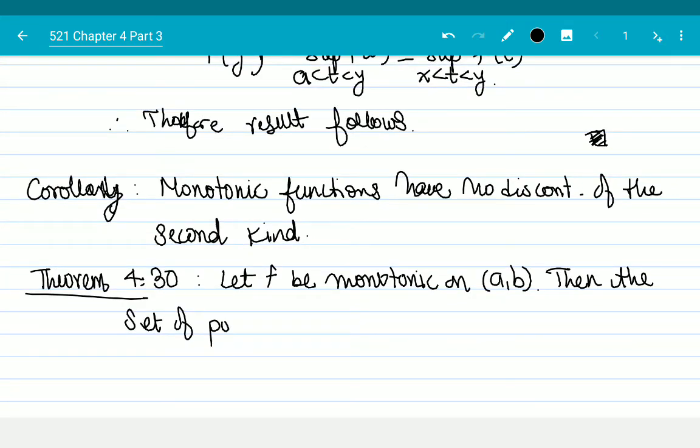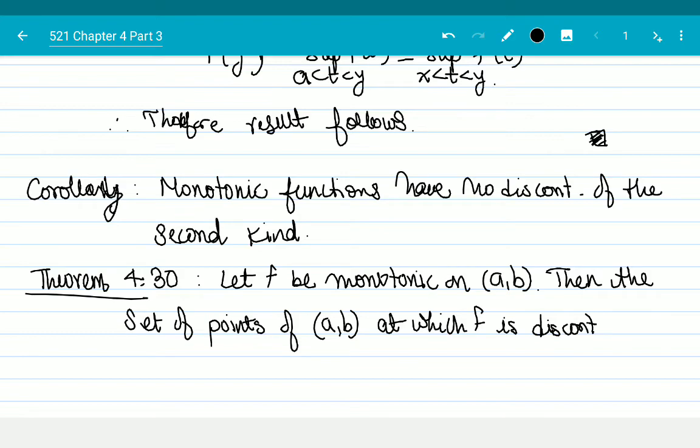Then the set of points of (a, b) at which f is discontinuous is at most countable.